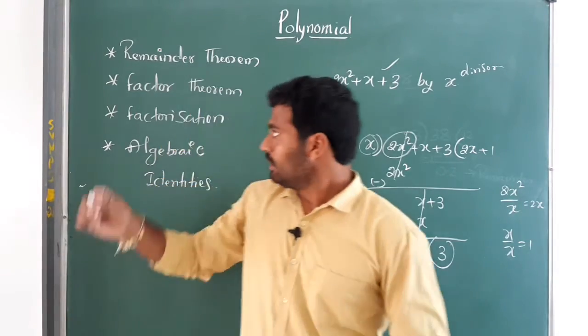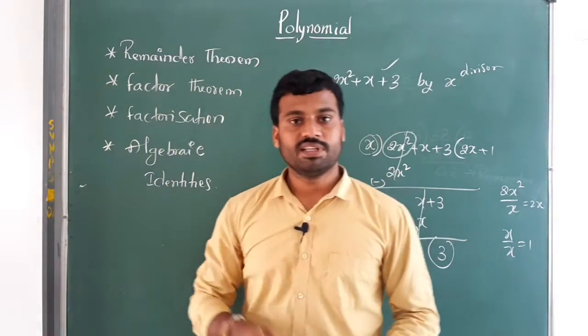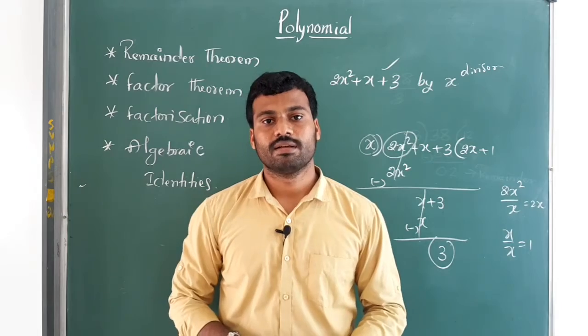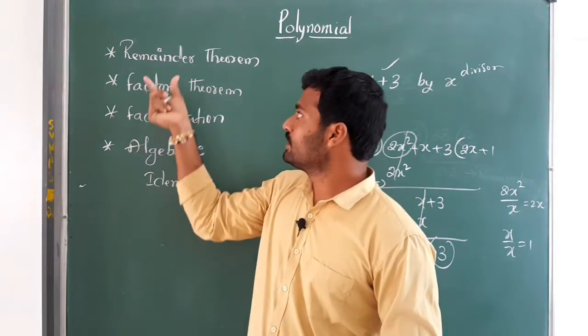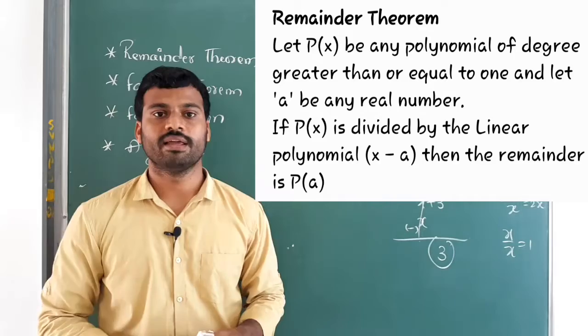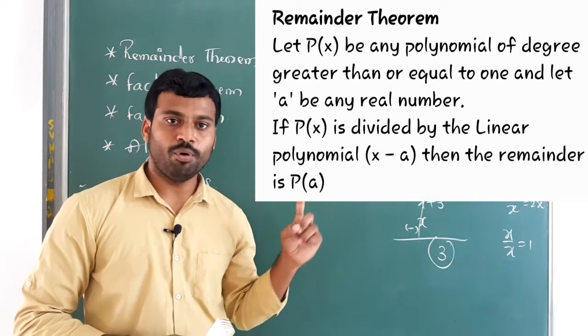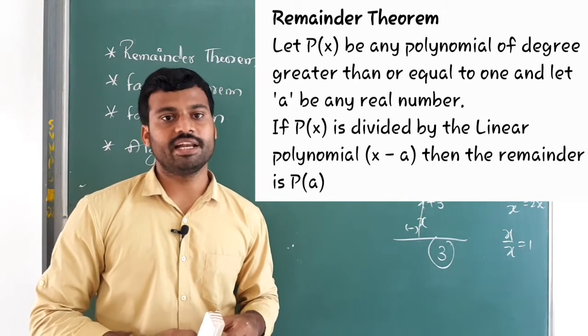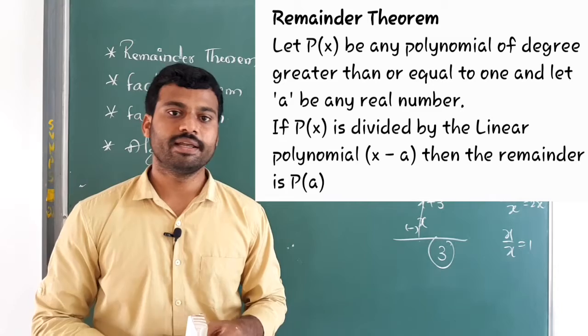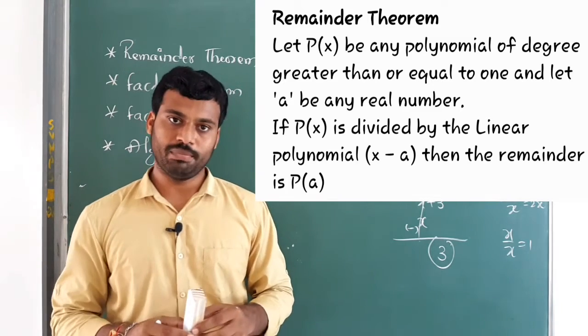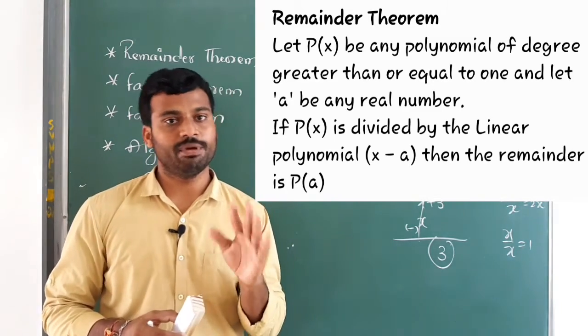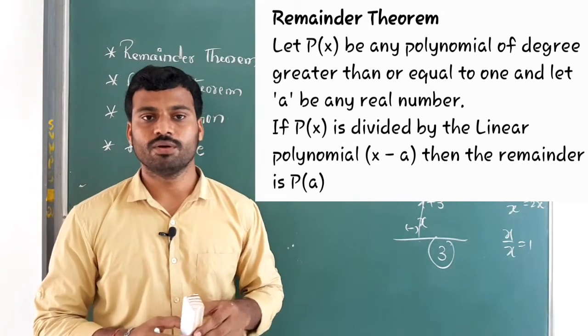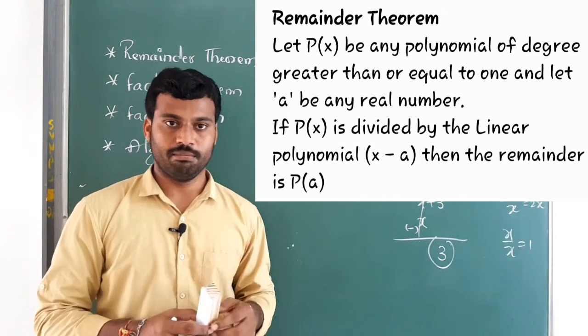So now the remainder theorem. What is the statement of the remainder theorem? Let P be any polynomial of degree greater than or equal to 1 and a be any real number, maybe negative, maybe 0, maybe positive. Let a be any real number.